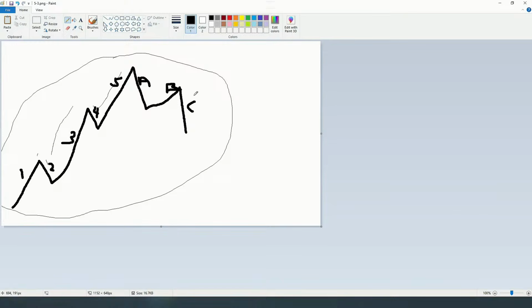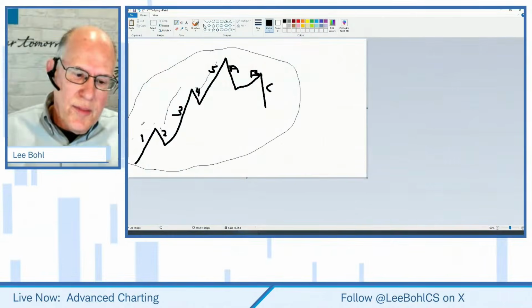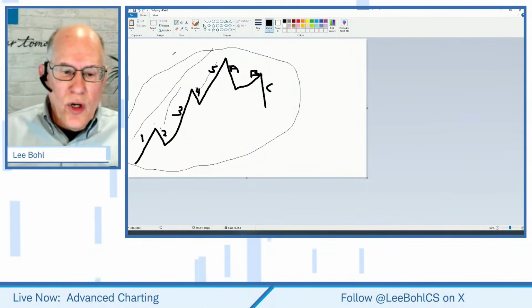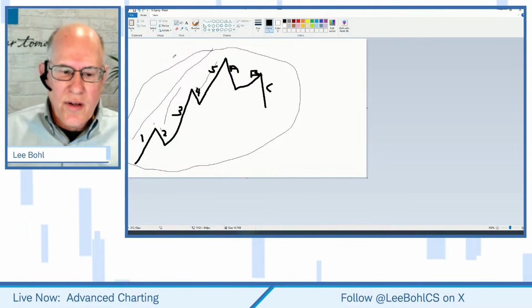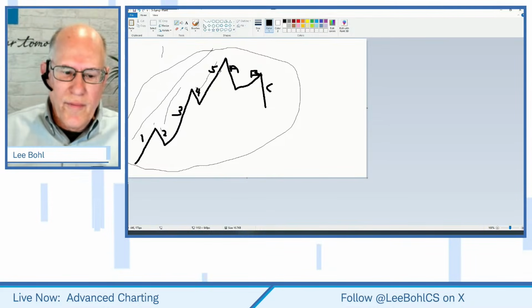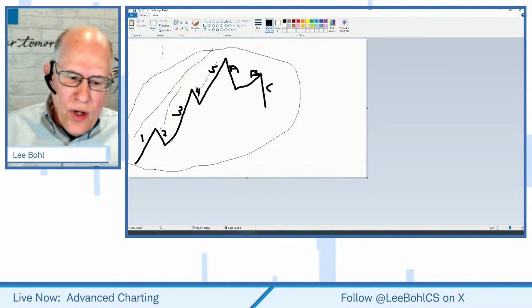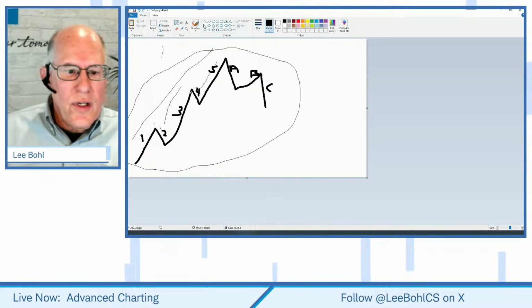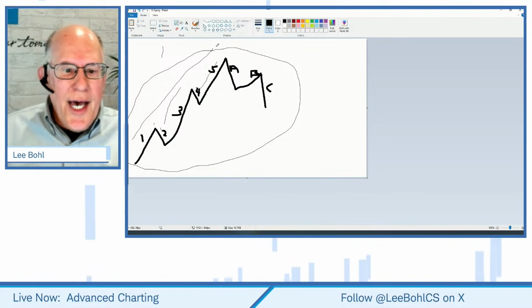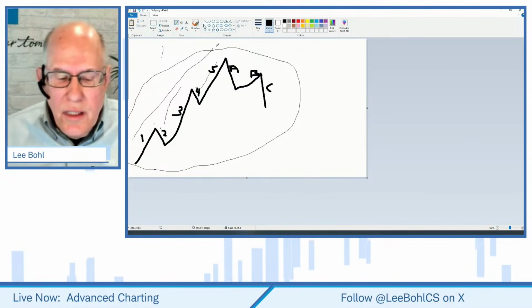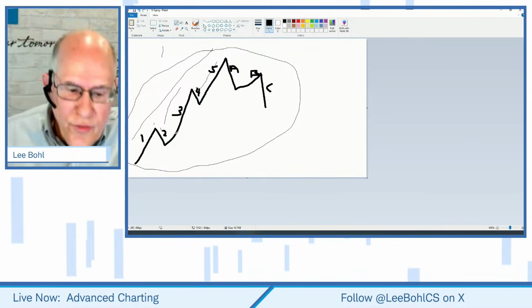Now, what happens though is within, so we call this particular, this would be this impulsive wave, we would call a wave of a certain degree. Degree means size. All right, so this would be, let's say, degree 1. Within here, though, this is a motive wave, number 3, and Elliot said that that can be divided into 5.